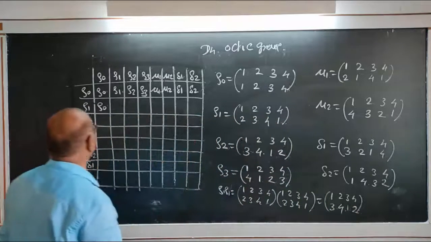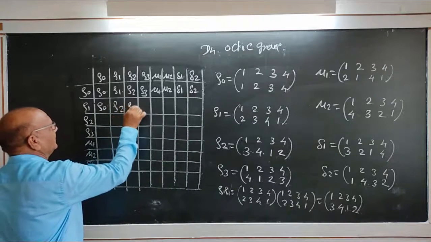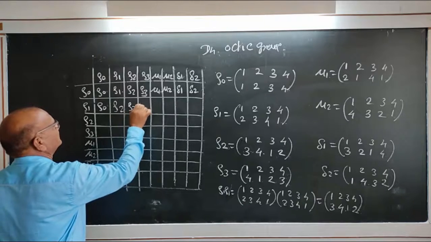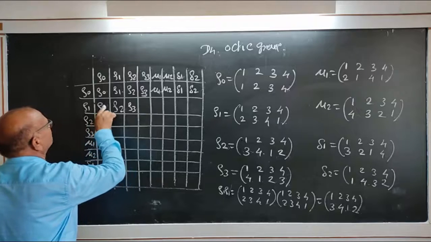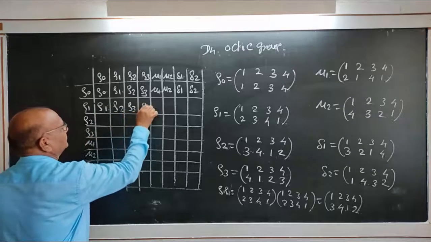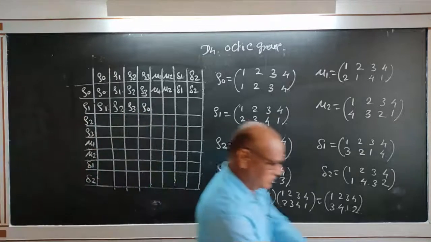That means rho 2. Similarly, the next entries are rho 3 and rho 0.